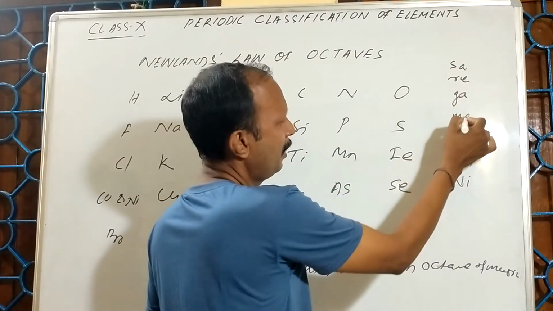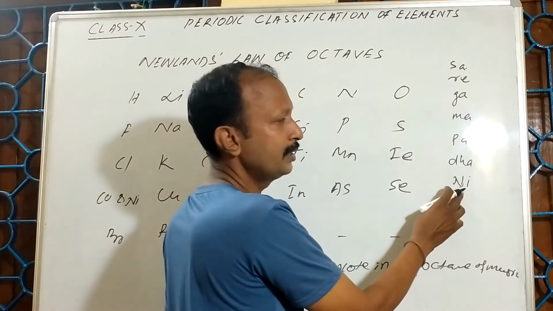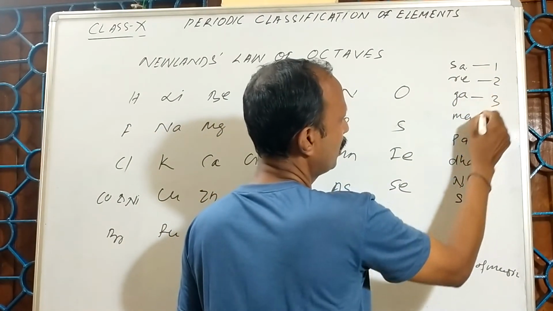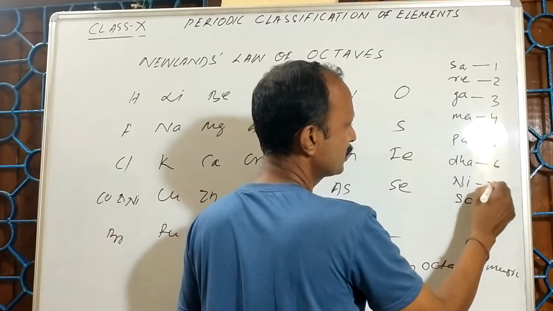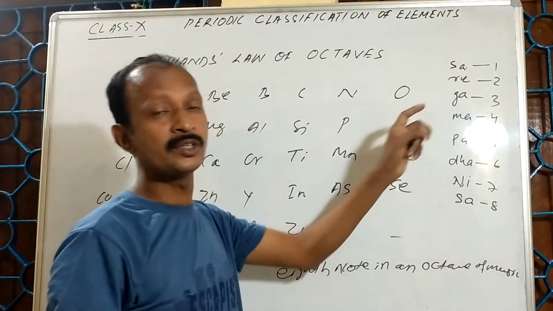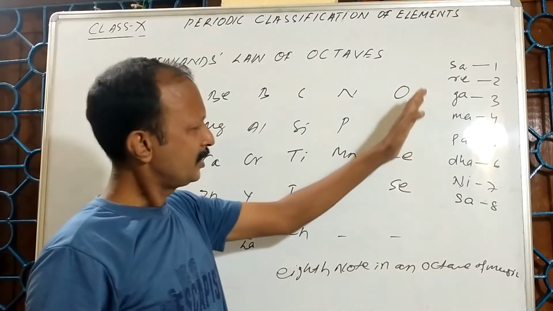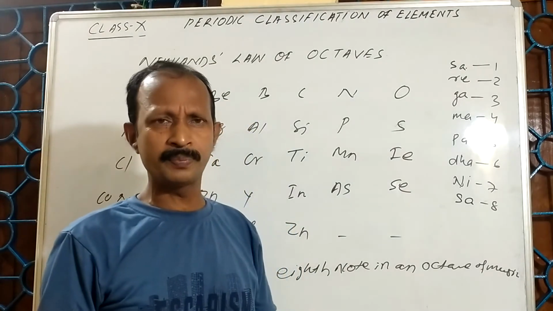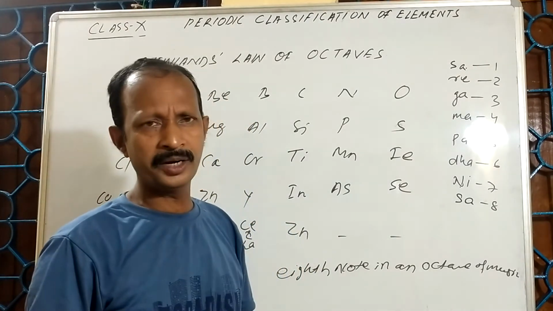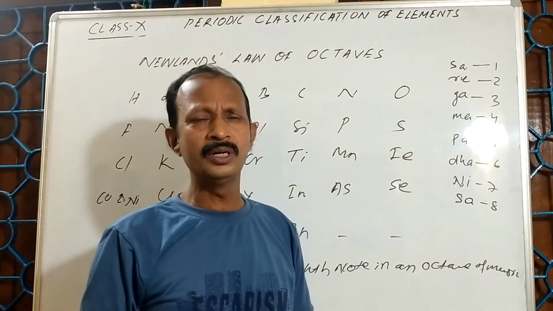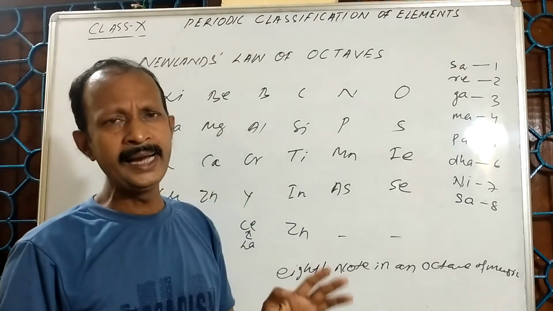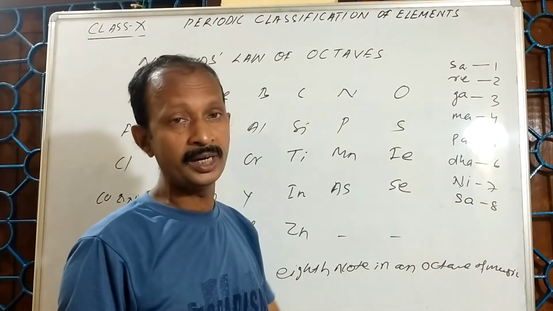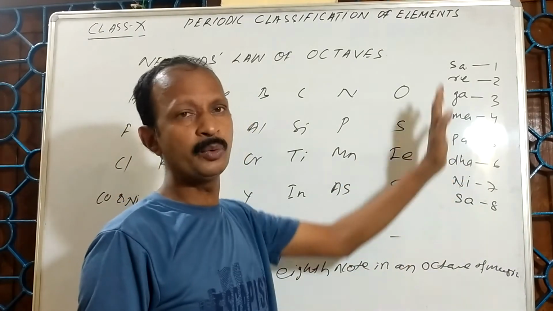The 7th one is ni. The 8th one again we say is the first one. The eighth one is the repetition of the first. This is just for explaining purposes. Don't think that Newlands was practicing music. It is not correct. Just for explaining to you, we have taken the concept of the 8th note in an octave of music. In a musical note, fortunately, each 8th note repeats with the first one.